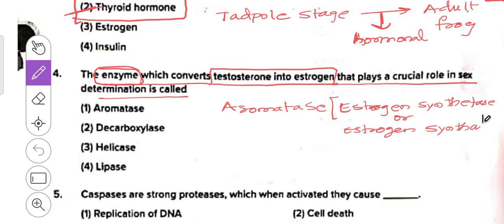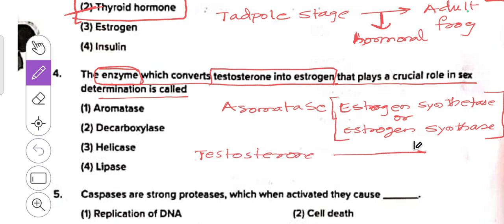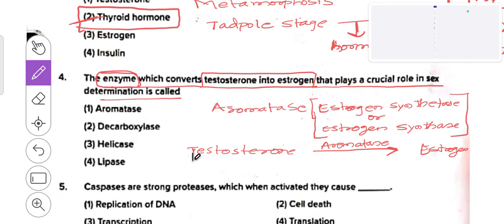The name itself suggests that aromatase will convert testosterone, an androgen, into the hormone estrogen. So A option is the right answer for this question.